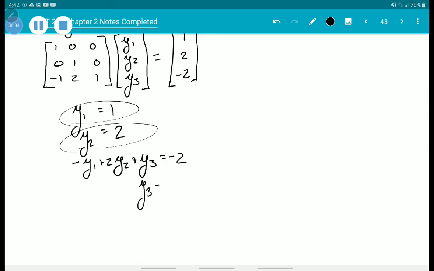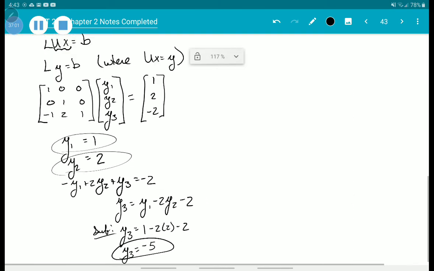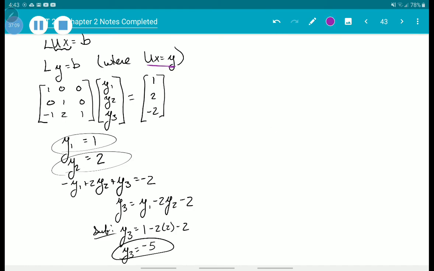So Y3 is equal to Y1 minus 2Y2 minus 2. And if we make our substitution, then Y3 is equal to 1 minus 2 times 2 minus 2. So we're going to get negative 5.